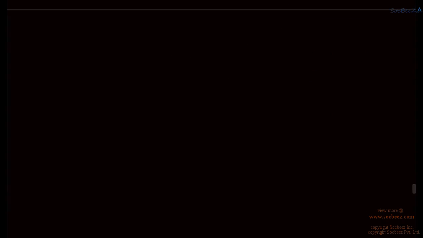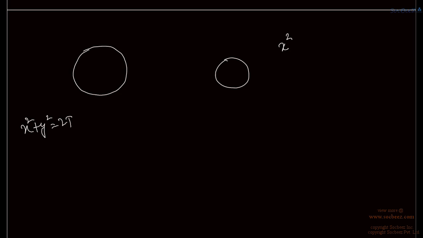So we have the circle, say this circle is x square plus y square is equal to 25, and we have another circle, say this circle, which is x minus 12 square plus y square is equal to 9.